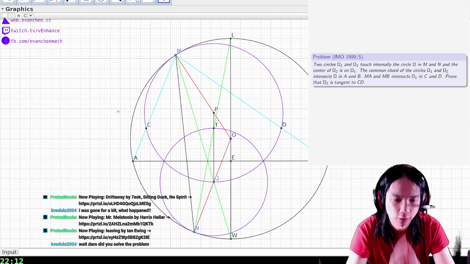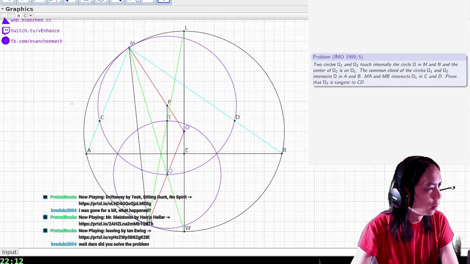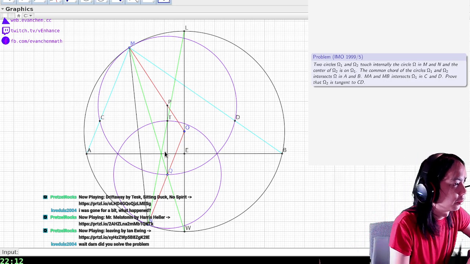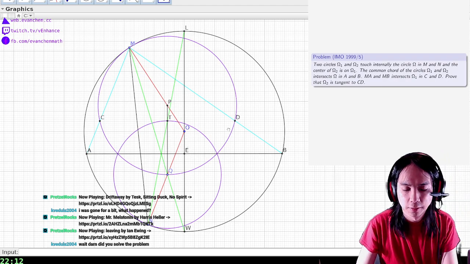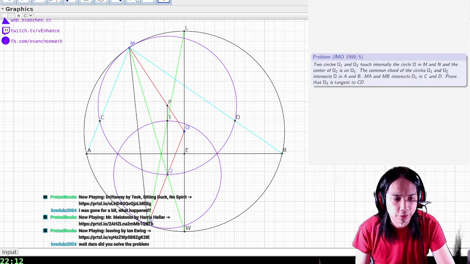Alright, so let me make sure I have this right in my head. This is actually a really long argument. So first, MOEN is cyclic because they all lie in the circle with diameter OR, where R is the radical center.